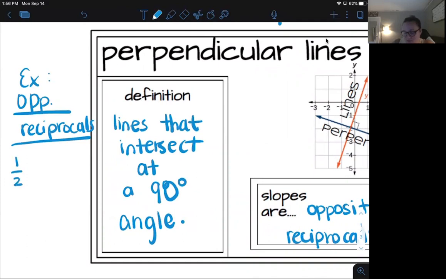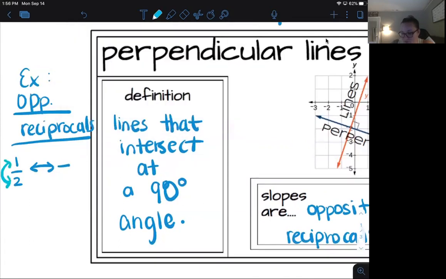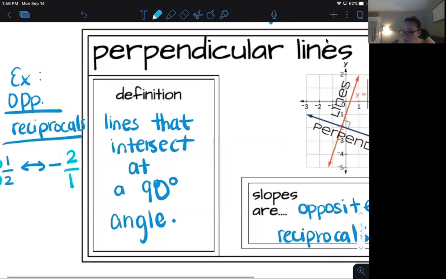The opposite part means that the sign has to be opposite. So 1/2 is positive, so its opposite would be negative. And a reciprocal just means to flip the fraction. So you would flip it to 2 over 1, or just 2. So negative 2 over 1 is the same thing as just negative 2.